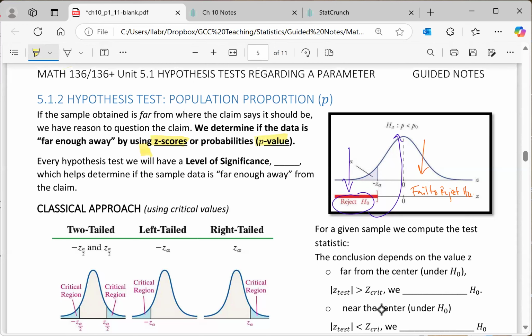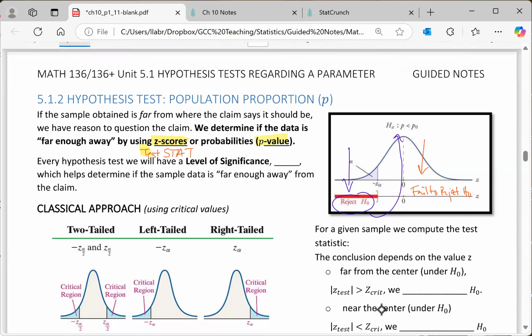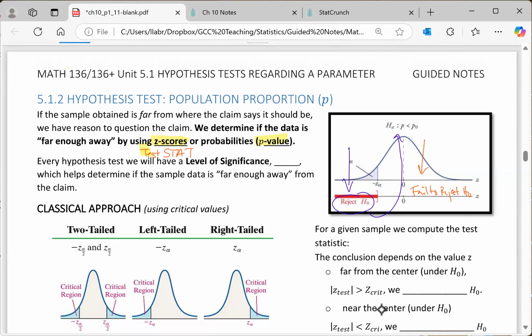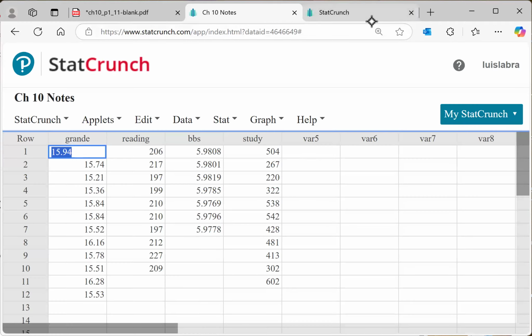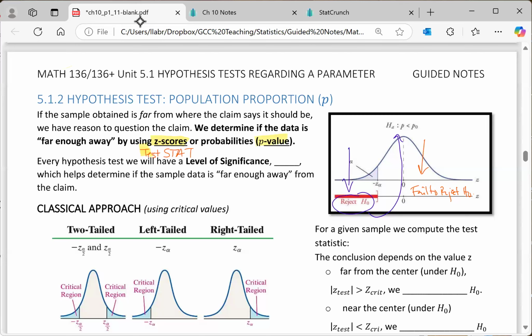Or we could do a p-value, and p stands for probability. So this would be the test statistic, and the p-value is just a probability. Both of these numbers are given to us by StatCrunch. We already did a hypothesis test. I don't have the outputs, but we can get these numbers pretty easily, so that's why we're going to go ahead and do both.